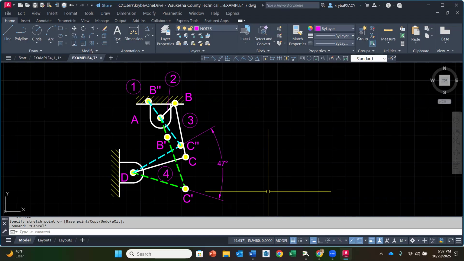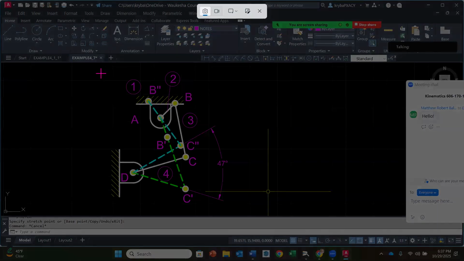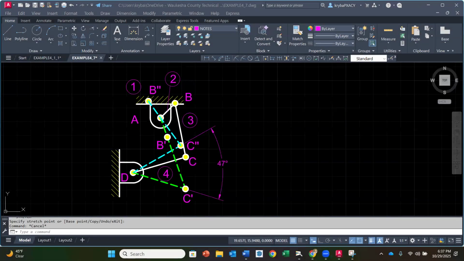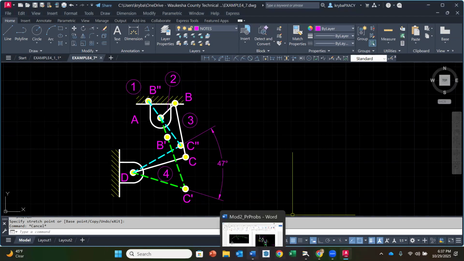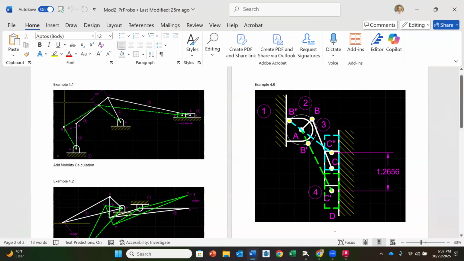So this is going to be a screenshot of this diagram. So you're just going to add that screenshot back to the document.